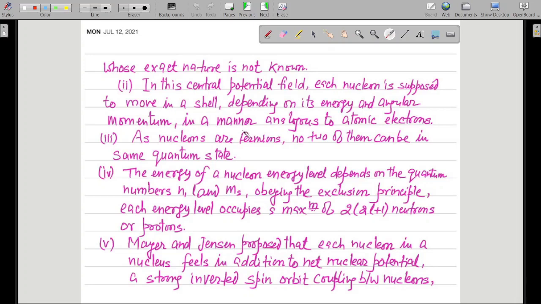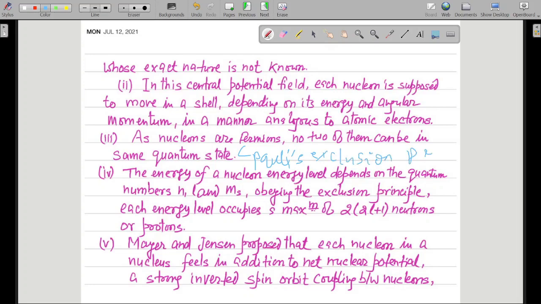I don't remember whether it was two or three lectures before, but I have taught you the difference. So since nucleons are fermions, no two nucleons can be in the same quantum state. This is similar to Pauli's exclusion principle.